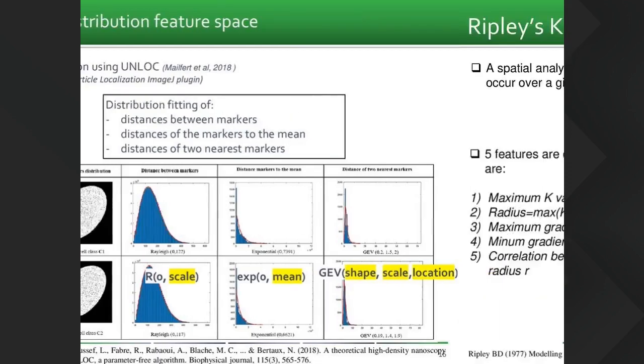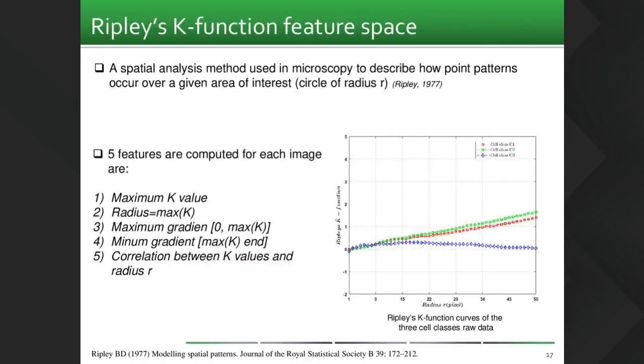Let's pass now to the other method used to characterize the point cloud aspect. We used here Ripley's K function, which is usually used in microscopy and super resolved microscopy to describe how markers or fluorescent markers occur over a given area. Usually, this area of interest is taken as a circle of radius r.